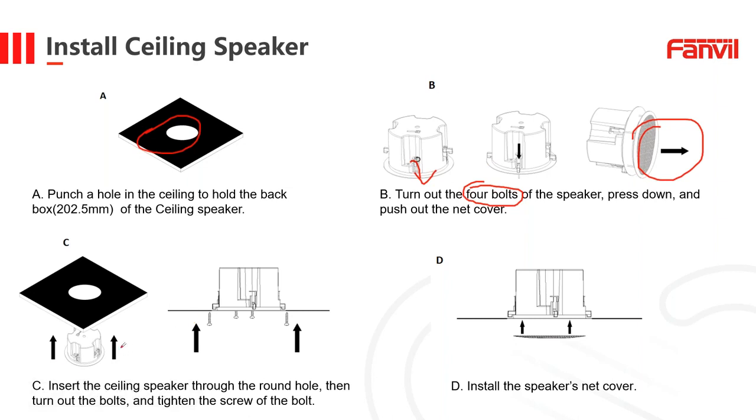And then you can insert the ceiling speaker through the round hole, and you can tighten the screw of the board. At last, you can install the speaker's net cover, and then you finish installation of the ceiling speaker.